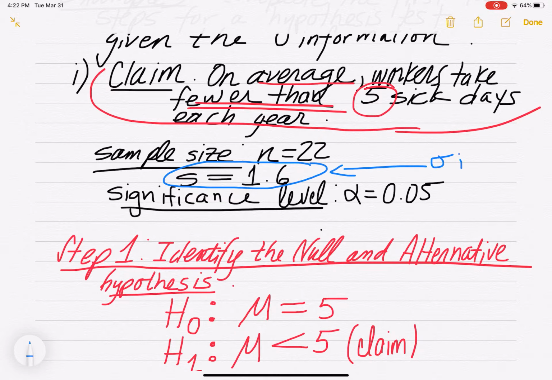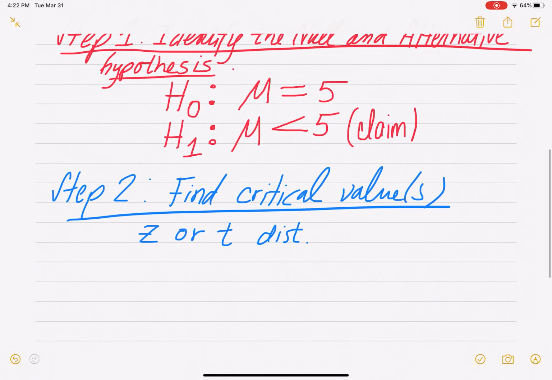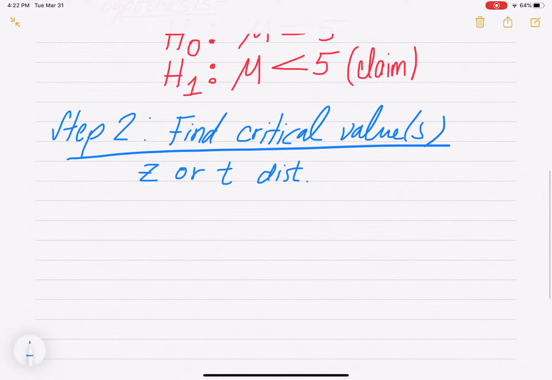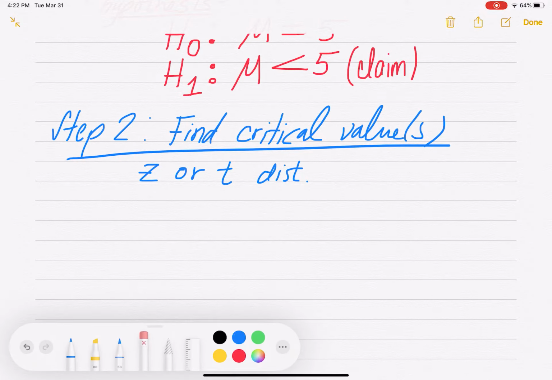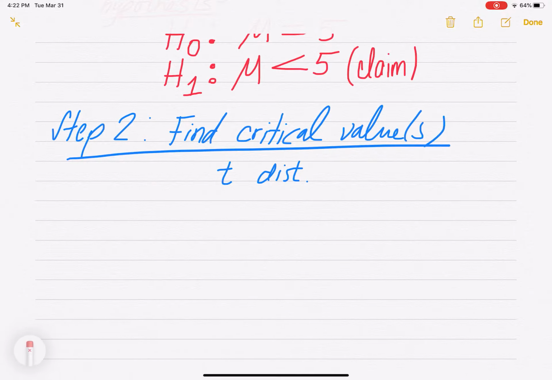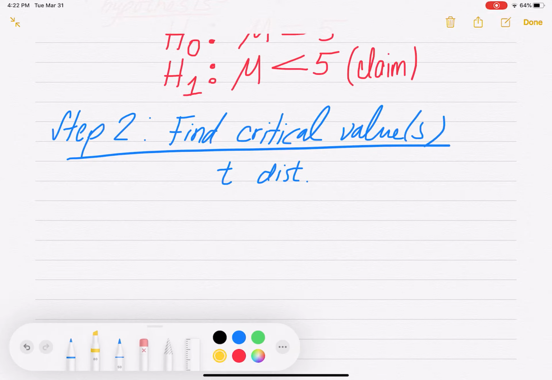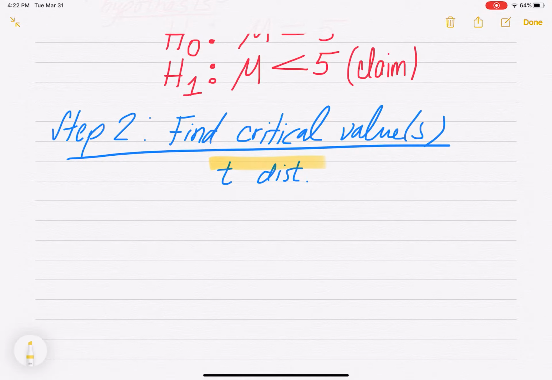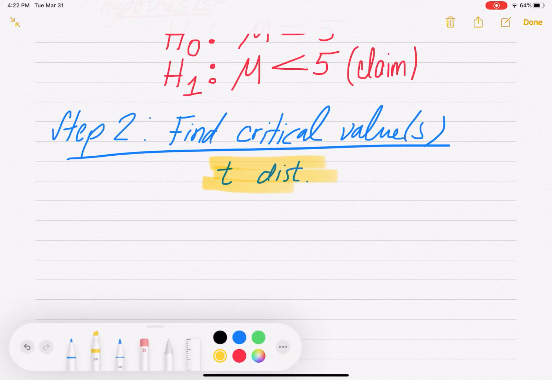Sigma is not known, so we're going to use T. That s is the sample standard deviation. T is the man. Highlight that. All right, what else?